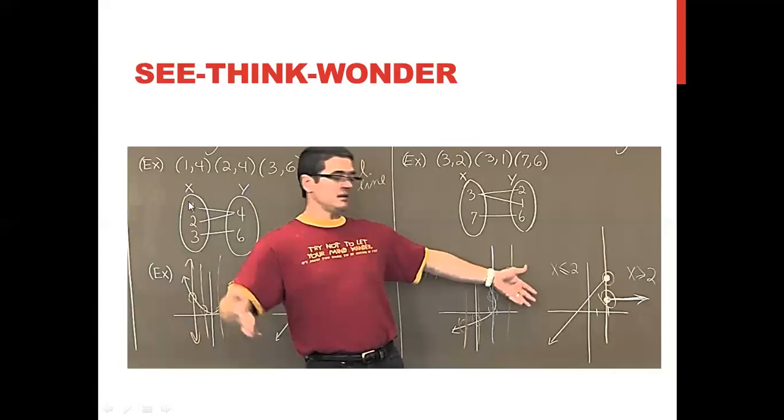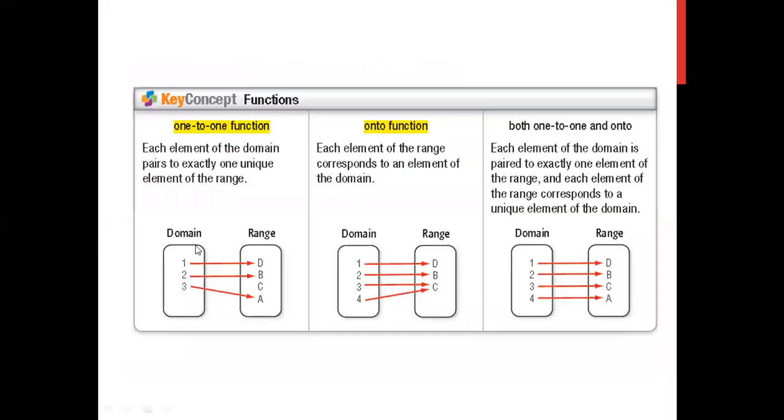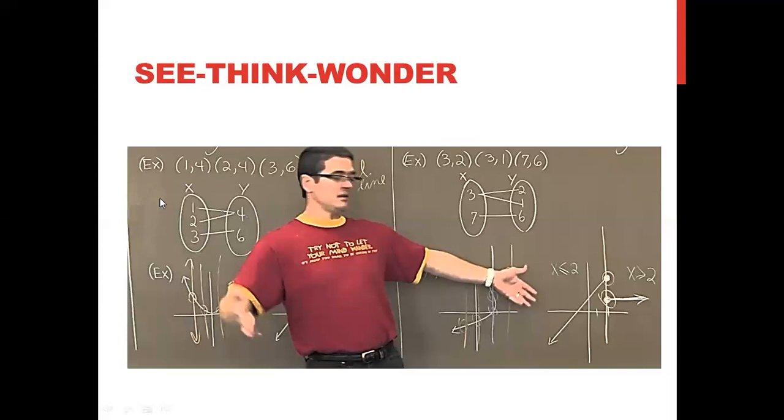The set of x has elements 1, 2, 3. The set of y has elements 4 and 6. As we see here, 1 is paired with 4, 2 is paired with 4, 3 is paired with 6. The condition here is that each element of the set of x has only one image in the set of y.